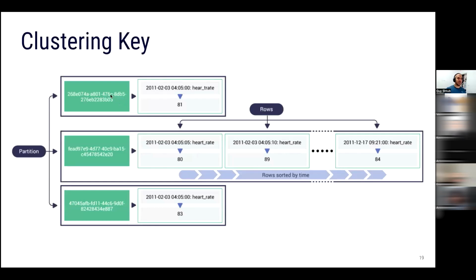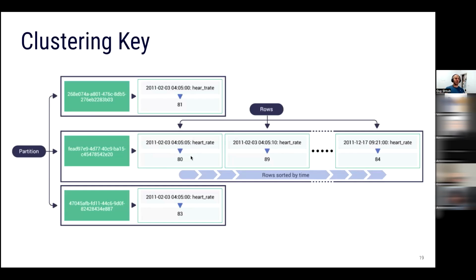So what we see here is the partition key, and this is the PetChip ID, if you remember. And for each partition key, we have the data simply stored as a set of name values. So in this case, it's the time and the heart rate and the values for the data, and they're stored sequentially one after the other for the given partition key.